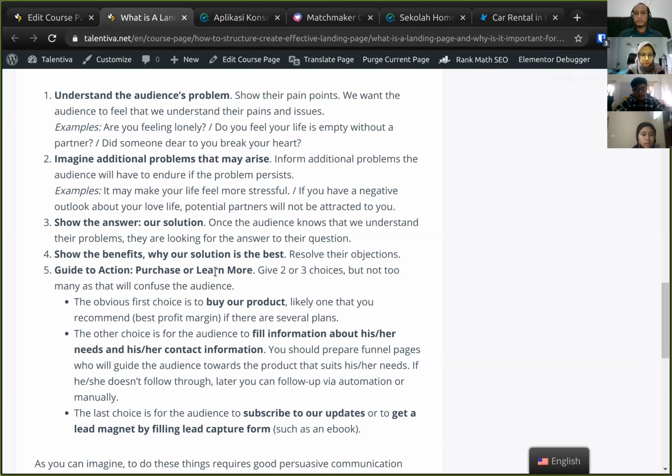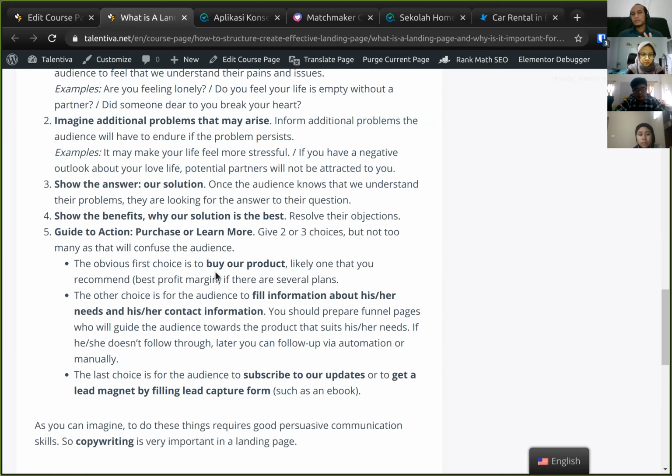And if they have objections, like it's expensive, it's difficult, what's the difference from the others, and so on, you solve these objections in the landing page, and after that you guide them to action. Either they purchase, or they learn more, or they give information in a contact form.